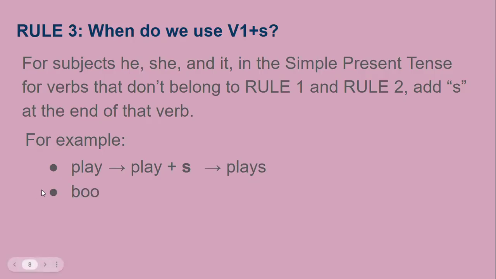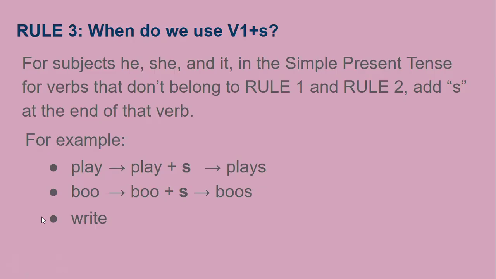Next verb, bow. Bow does not belong to rule 1, and it does not belong to rule 2, because here we can see it ends with OW. And this property doesn't fit rule 1 and rule 2 as explained above. So we just add S at the end. So bow becomes bows. Next verb, the verb ride.